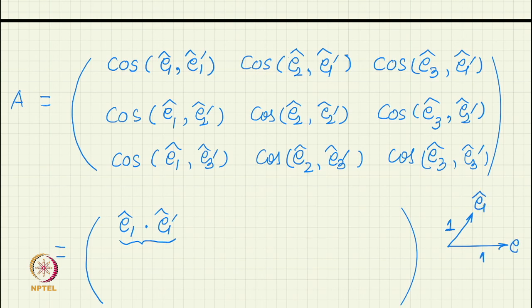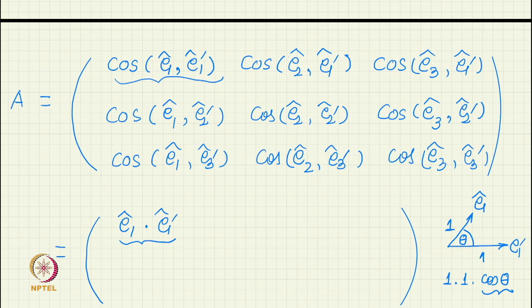E1 is of length 1, E1 prime is also of length 1, and there is the cosine of angle theta. So, if we take the dot product of E1 and E1 prime, it will be 1 into 1 cos theta, and that is the cos theta which we are looking for.